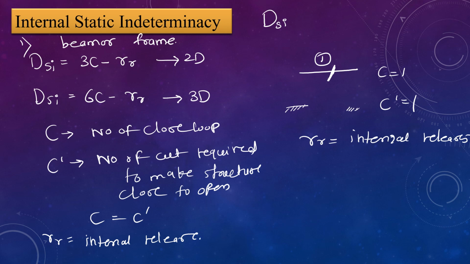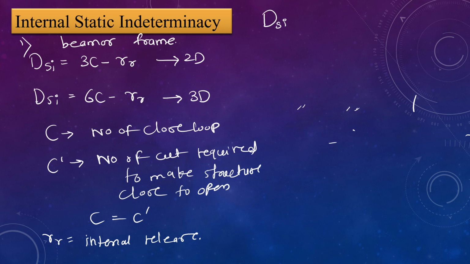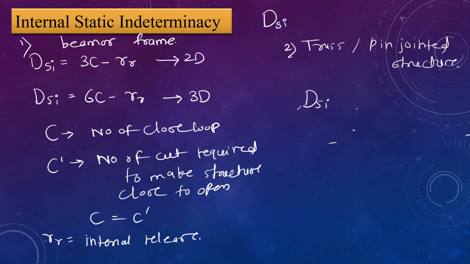Then the next conditions are for trusses and pin jointed structures. This condition was about beam and frame; the next is about trusses or pin jointed structures. The formulas for that are DSI is equal to M plus 3 minus 2J, and DSI is equal to M plus 6 minus 3J.